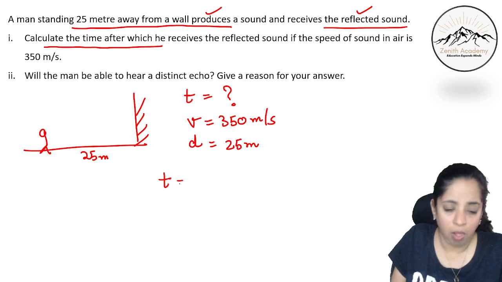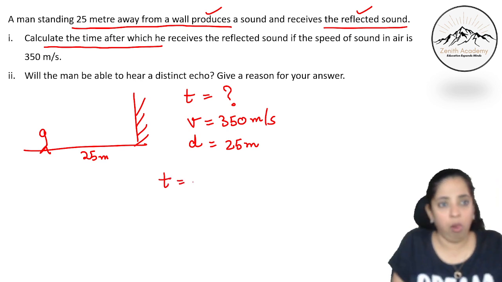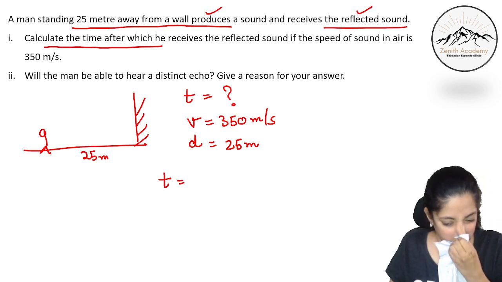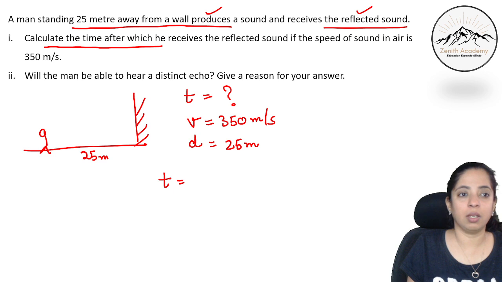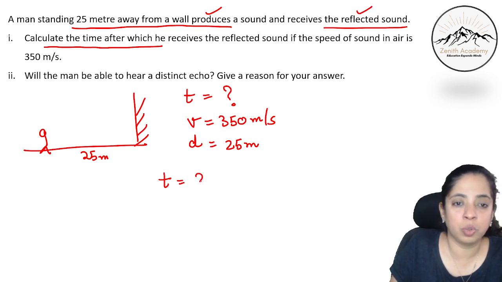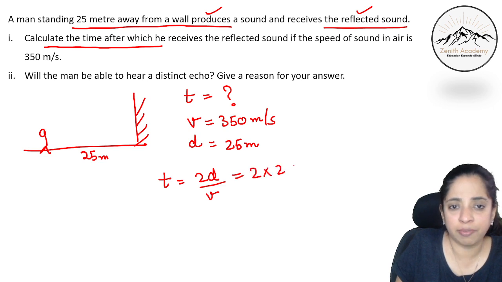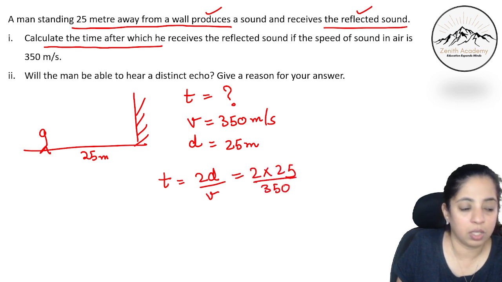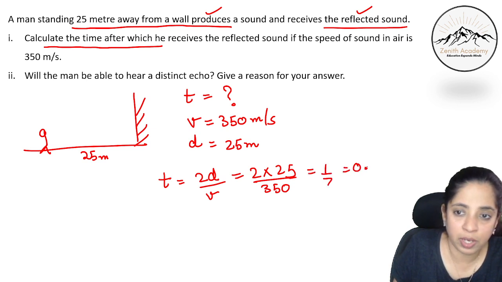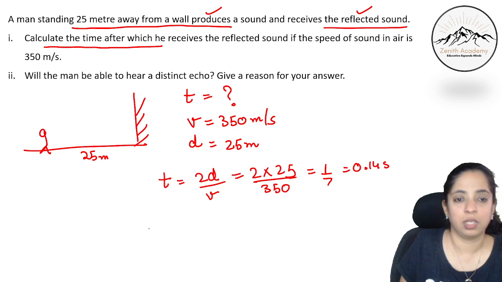You have to find the time. What is the formula of time? Time is equal to 2D upon V. So it will be 2 into 25 upon 350. So it will become 1 by 7, 0.14 seconds. So time is 0.14 seconds.